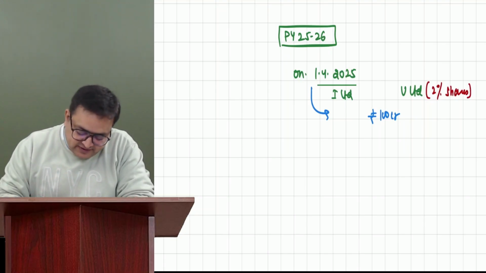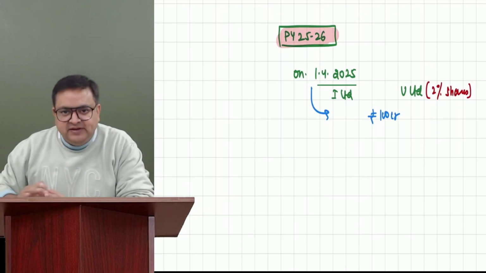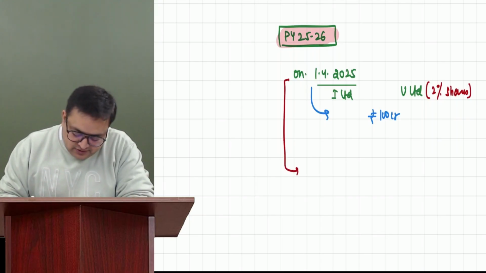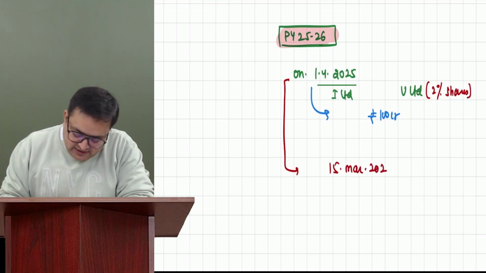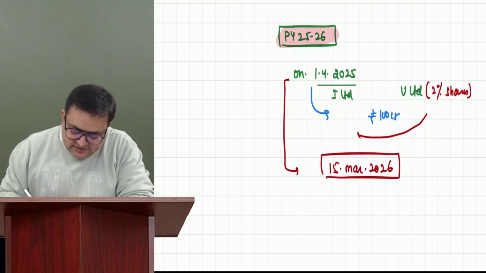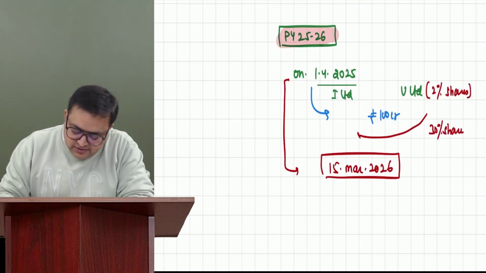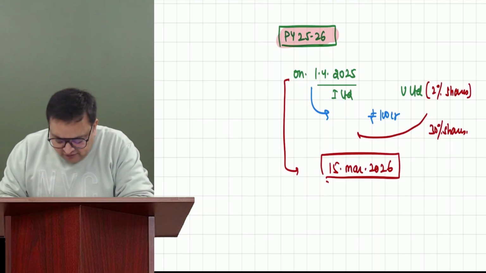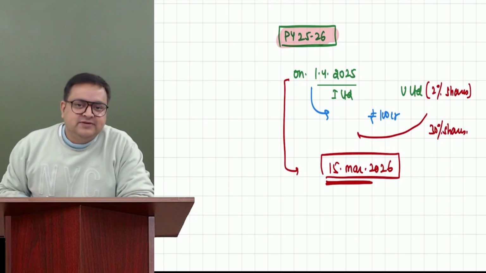Let's say that during this year, no other transaction has taken place between these two. Let's say on 15th March 2026, U Limited has also purchased 30% more shares in this company. Correct? At the end of the year, somehow they have purchased 30% shares of this company.